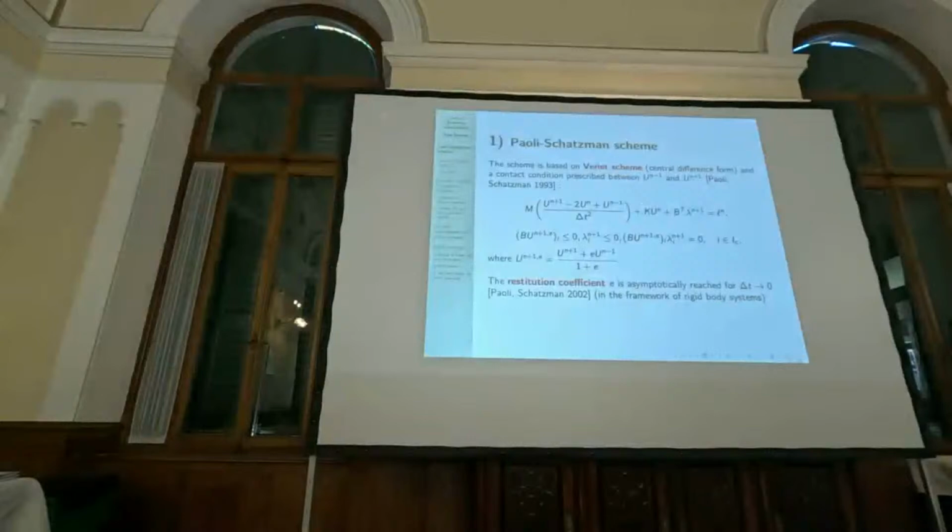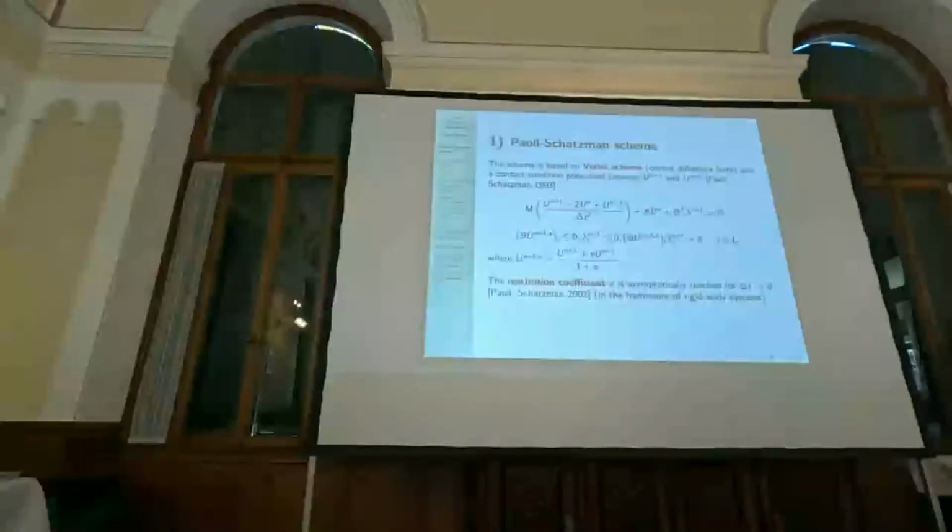So this is an explicit part with the contact condition prescribed in a semi-implicit way. It depends on the coefficient of restitution e, which is also included in this scheme. If you take, for instance, e equal to 0, you are fully implicit in contact stress. So this is explicit, but the contact force is implicit.